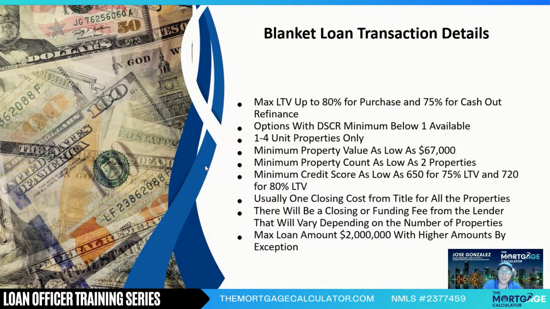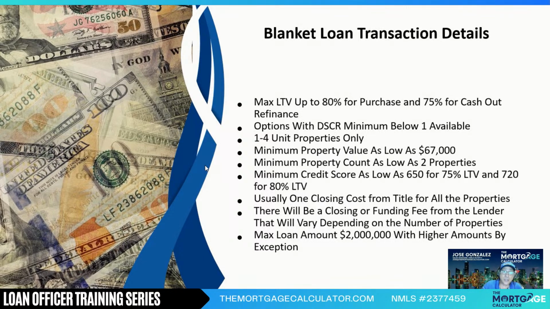Because, for example, the option that has a minimum property value as low as $67,000, and that also allows as low as 2 properties in a blanket loan, only goes up to 75% LTV, but also happens to be the option that allows DSCR minimum below 1.0. Actually, it's a no ratio DSCR up to, I believe, a 500,000 loan amount for that blanket loan option. So keep that in mind.